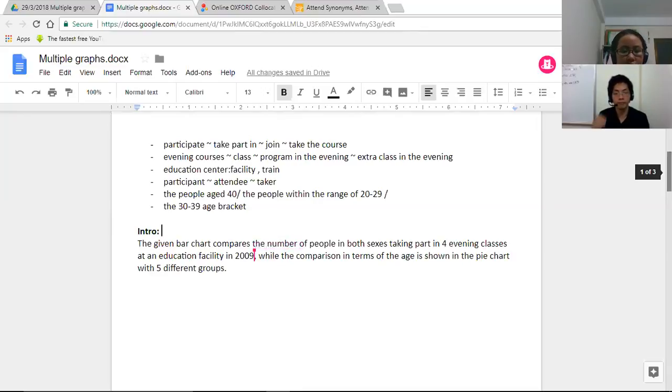So the given bar chart compares the number of people of both sexes taking part in 4 evening classes at an education facility in 2009. Actually, you do not need the part with 5 different groups. Is it clear or not?